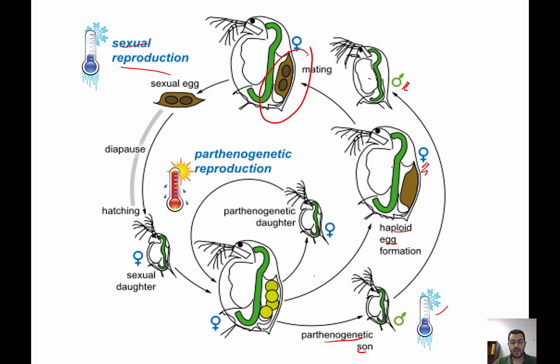So as you can see, whenever the environment is stable, and the individuals are suited to their environment, they will prefer asexual reproduction because of the previous advantages. But when the environment is not suitable, they will switch to sexual reproduction.